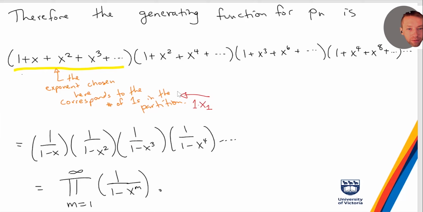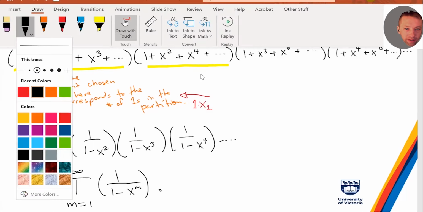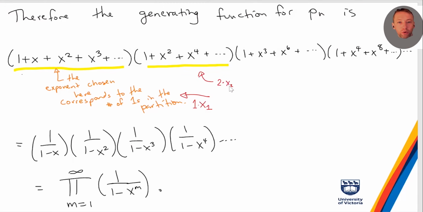Then I have 1 plus x squared plus x to the 4, etc. The exponent that I choose here corresponds to my x2 in some sense. So the exponent here is going to be 2 times x2, or it corresponds to the number of 2's I take in the partition.